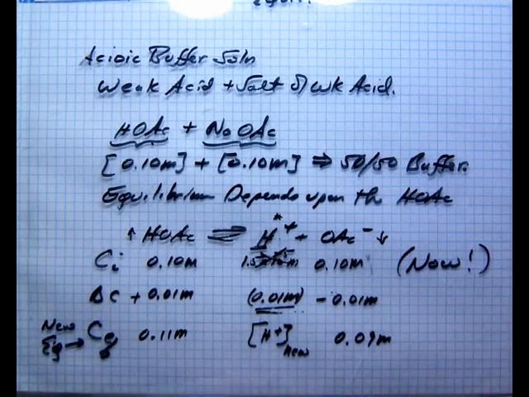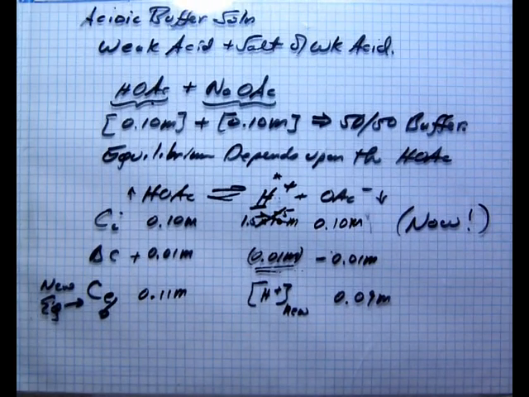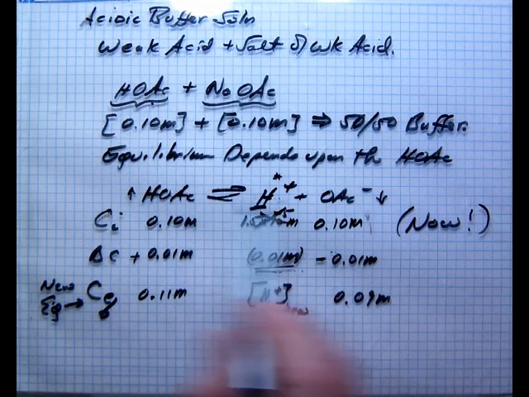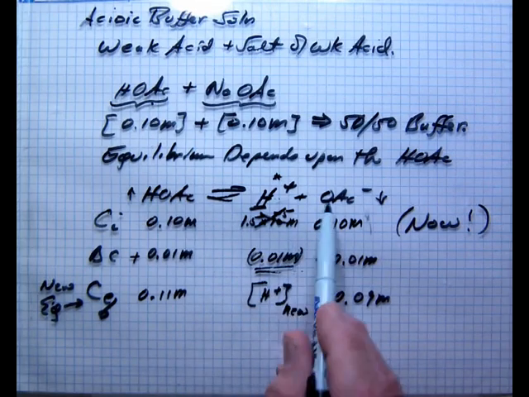so 0.09 molar at the new equilibrium. The calculation of how much hydronium ion remains after we shift this around depends on the K value of this right here.